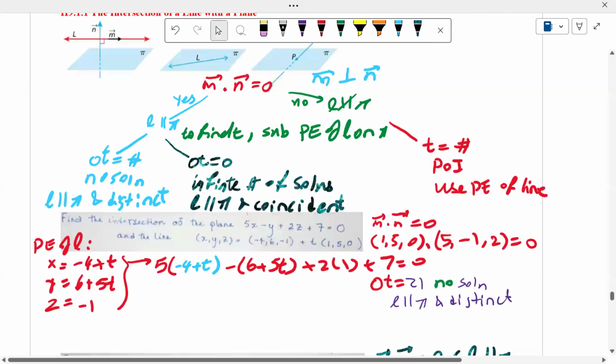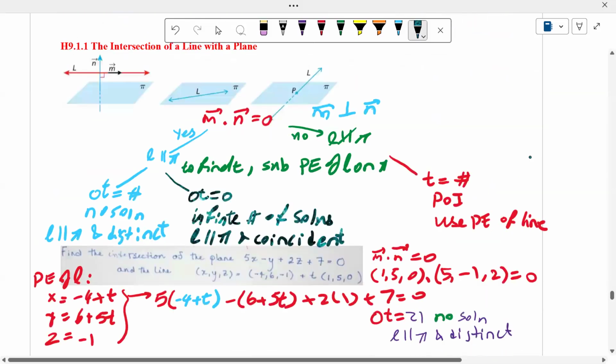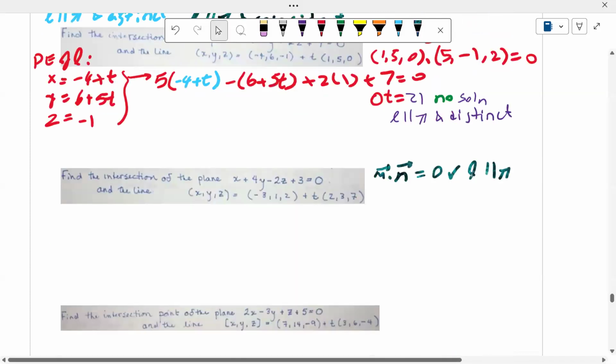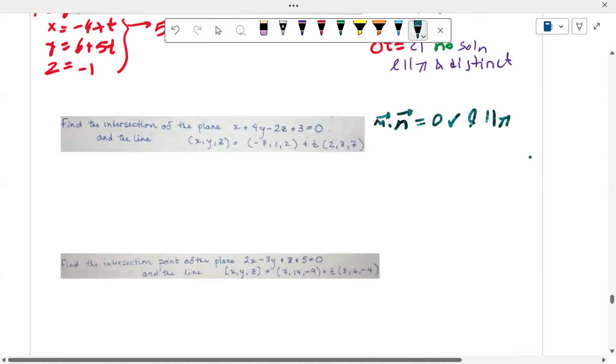Next, I have to find t by substituting the parametric equation into the plane. Actually, I'm not going to find the parametric equation separately, I'm just going to put it into the plane.